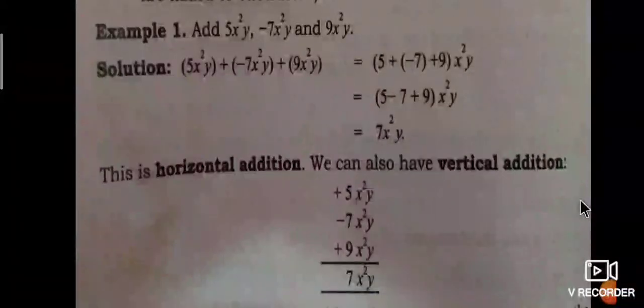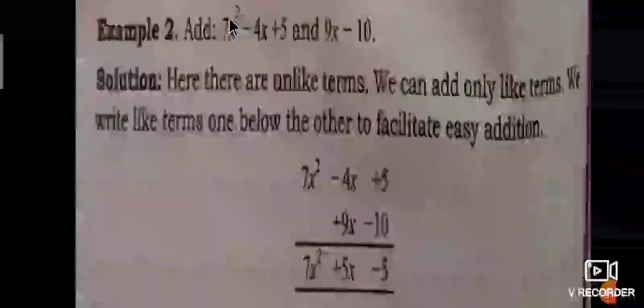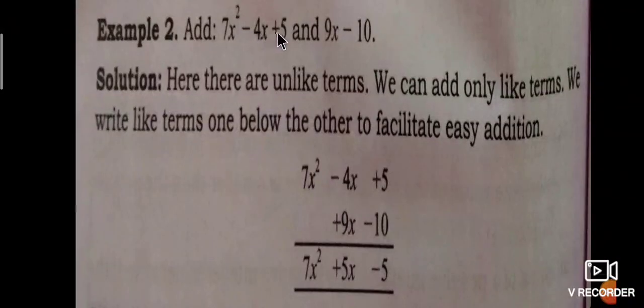Similarly, you do some of the others. Add 7x square y minus 4x plus 5 and 9x minus 10. Here there are unlike terms, we can add only the like terms. We write like terms one below the other to facilitate easy addition. 7x square minus 4x plus 5.